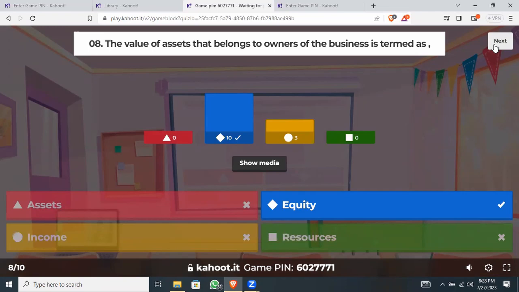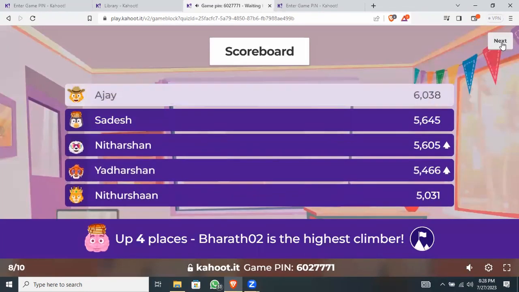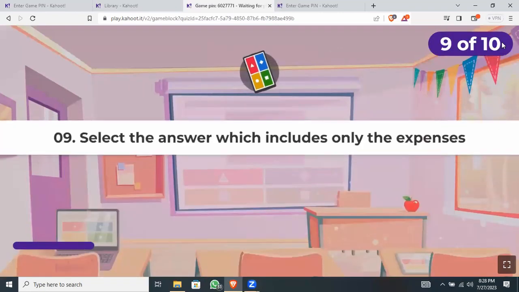Let's move to the scoreboard once again. According to the scoreboard, again Ajay got the first place, Sadesh second. Let's move to question number 9.